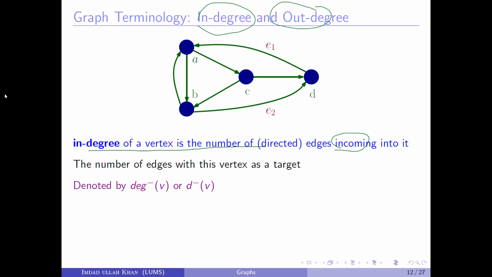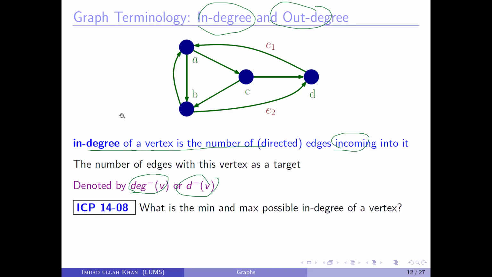As far as notation is concerned, we put a superscript minus sign on the degree function to differentiate it from the out degree, or sometimes we write it as d v with this negative sign.